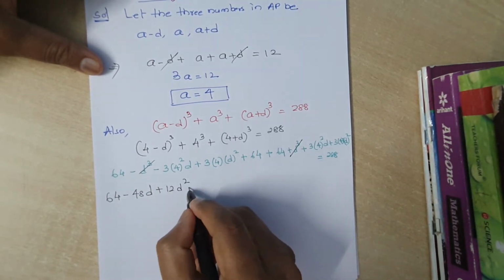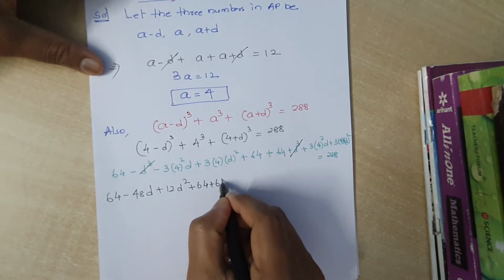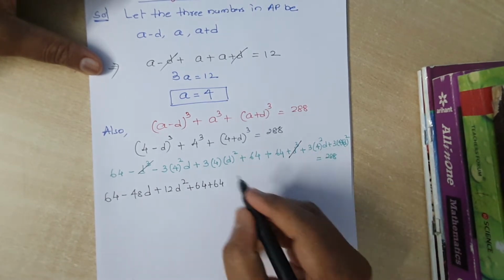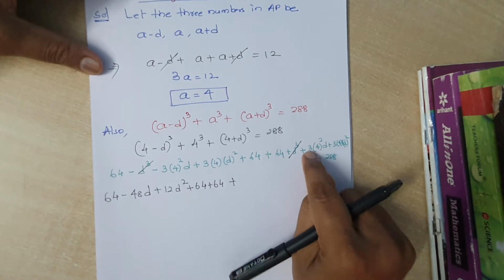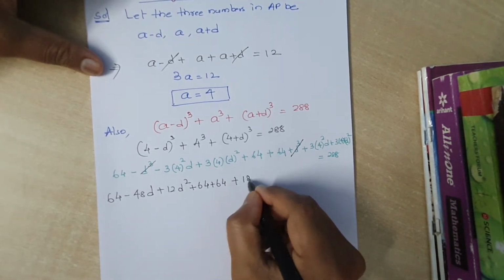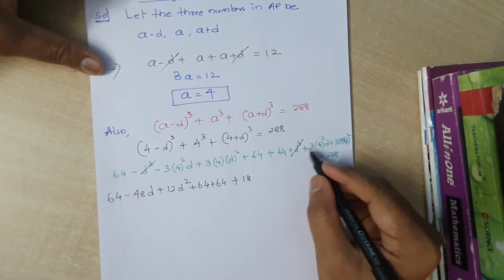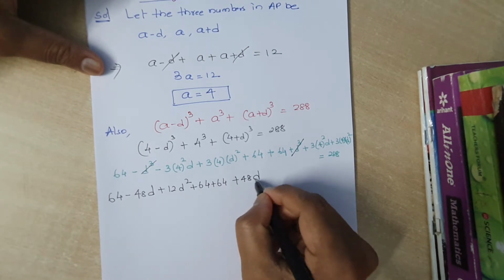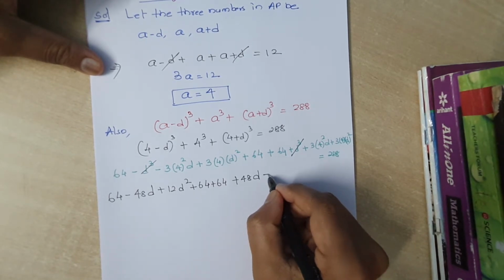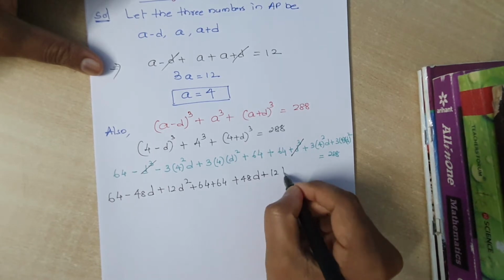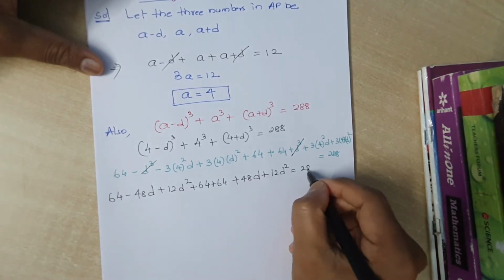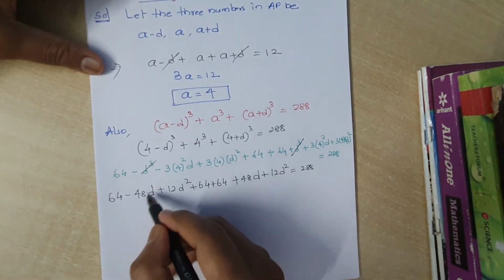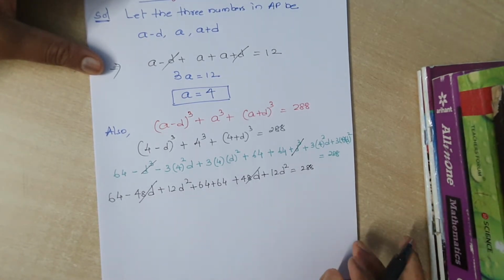This is 64 plus 64, and here plus 48d, because 4 square is 16, 16 times 3 is 48. Plus 12d square plus 12d square is equal to 288. So here minus 48d and here plus 48d, they cancel.